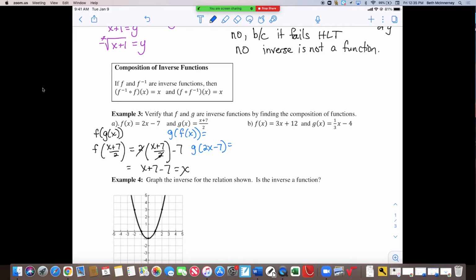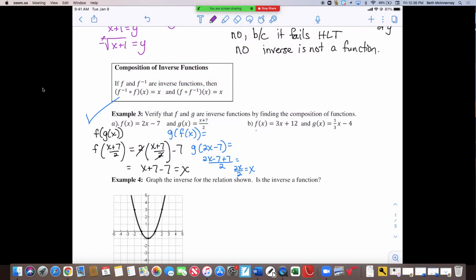Now we go to the g function. g says the input plus 7 over 2. Here's my g function. The x represents the input, and my input is 2x minus 7. The 7's cancel, and I get 2x over 2, which is x. So I just verified it.